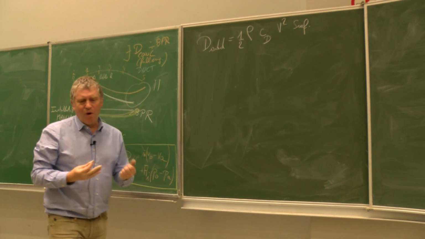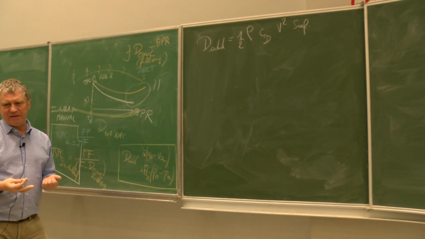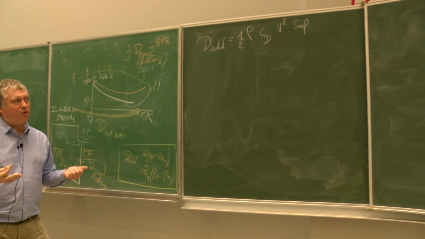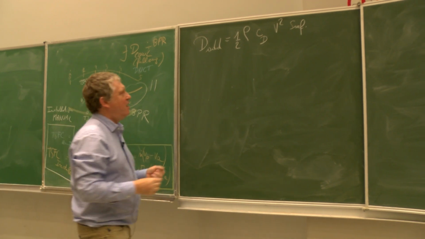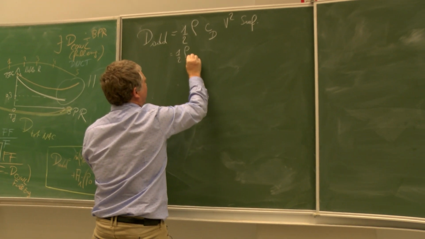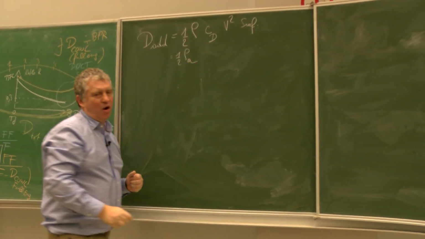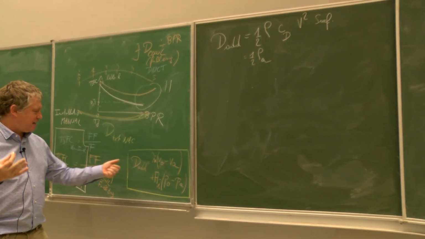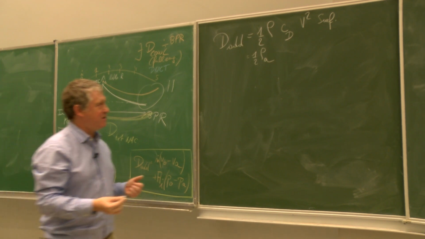This is always the way we have written a drag. 1/2 rho CD V square multiplied by a surface. Which ones in the case we are considering? Of course, you will take rho A, because this is, let's say, the reference, and this is what you have at the entrance of your system.